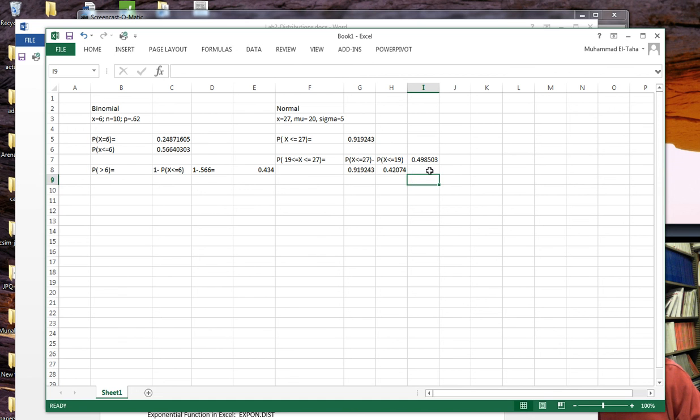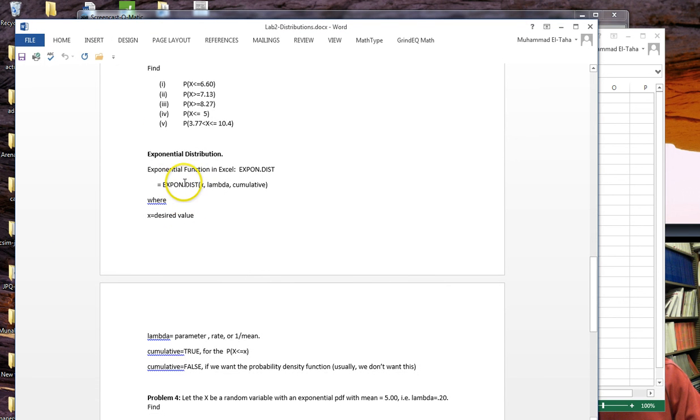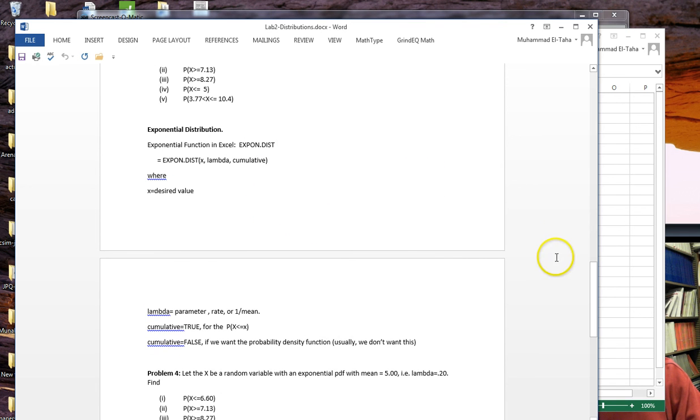And so that's going to be 0.498503. Okay, and if you have an exponential distribution, you just change the normal with the exponent, expon, which is the function given here. So if you use this distribution with x and lambda and use cumulative, you can do it the same way. All right, so I hope this is helpful, and thank you.